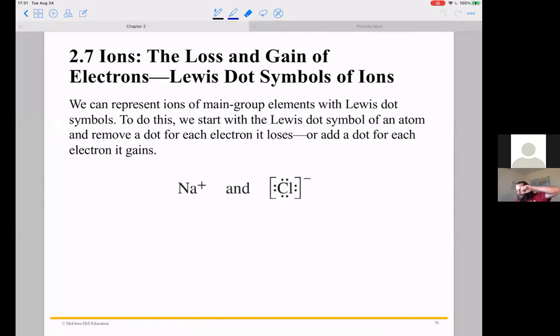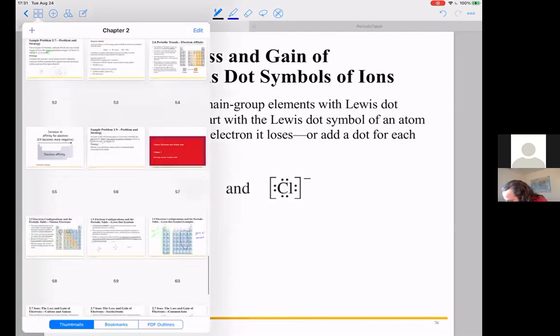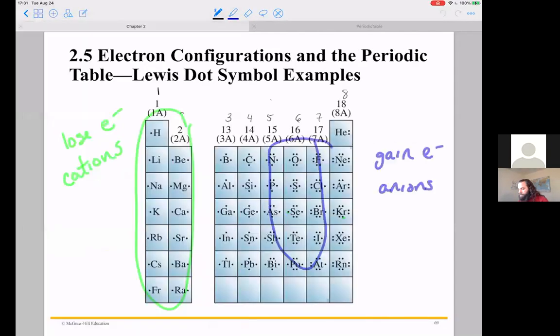And we can represent this with our Lewis dot symbols as well. So let's just say sodium originally had a Lewis dot symbol of just 1 dot because it had 1 valence electron. We can actually convince ourselves of this going back to this table here.